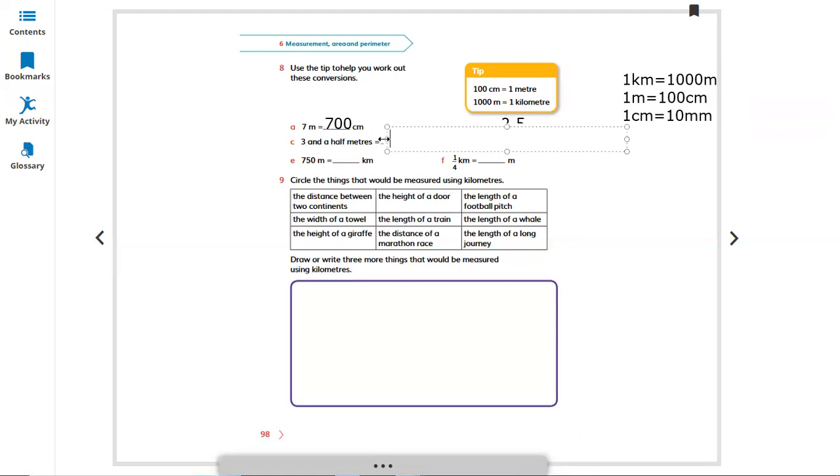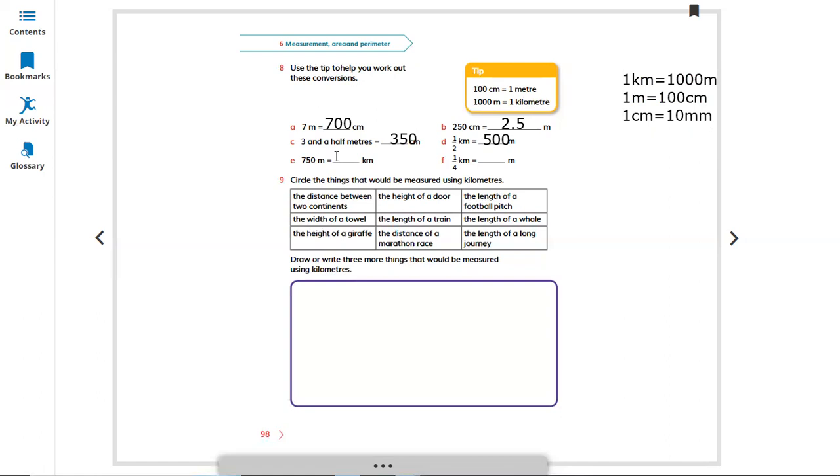350, the opposite of the second part. 350 centimeters. And 1.5 kilometers. It's equal to 1500, because 1 kilometer is equal to 1000, so half a kilometer is 500 meters. 750 meters, and this is 0.75, you can write, or 3 by 4.